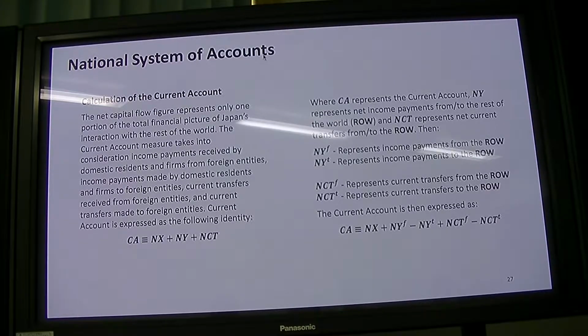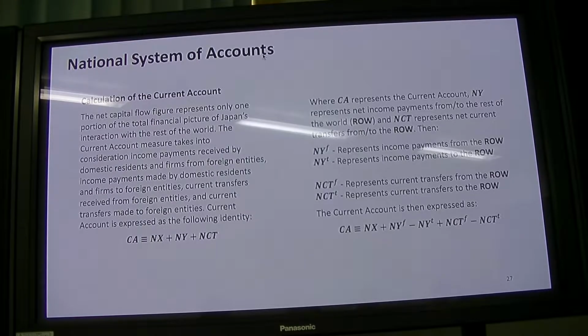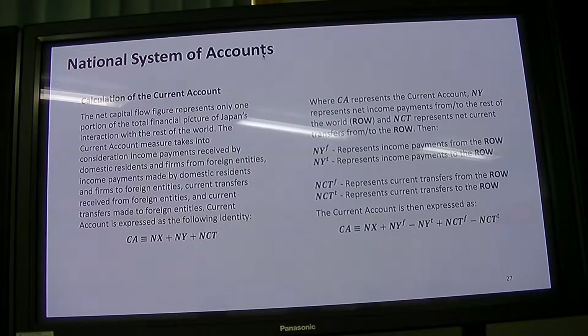By doing this, we can then get an understanding of their capital relationship: goods, capital, investment, relationship with the rest of the world.